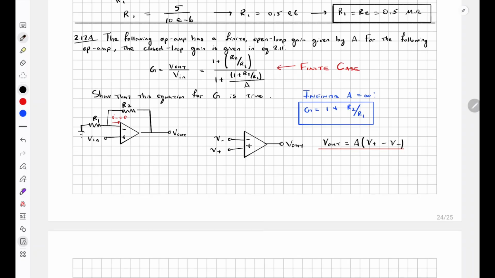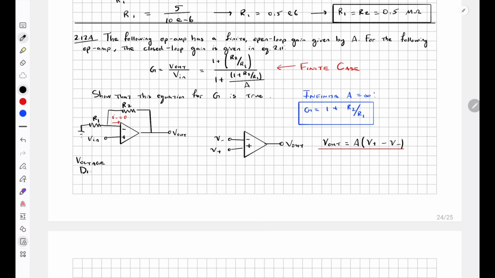Now in the op-amp circuit we're solving, we know that in the ideal case there is no current going into the input terminals of the op-amp. So on this feedback side, there is a single current path that goes from V out, passes through R2, then we take that voltage, call it V minus, and then the current passes through R1 and reaches the ground. So you can identify a voltage divider.